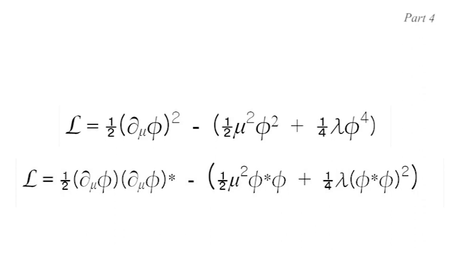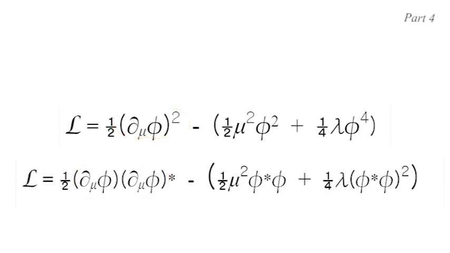You should be able to see that it looks much the same, but the squares of the old field have now been written differently to accommodate the fact that we're dealing with a complex field. Phi squared is now written as phi star phi, and phi to the fourth is phi star phi all squared. You can only get the square of a complex number by involving the complex conjugate. Also, however, the square of the derivative is written slightly differently, but you should be able to see again that it's really the same thing, but for a complex field.